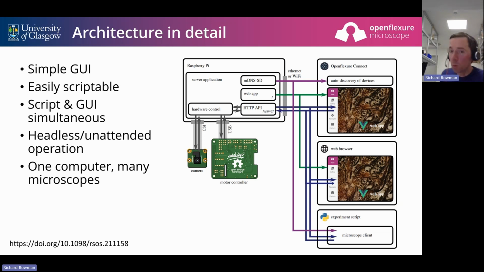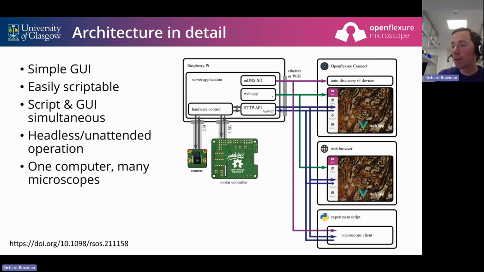And the bottom one, which wasn't on the previous slide, is you can also use this API from scripting. And we had Python and MATLAB client modules that let you control the microscope from a script.